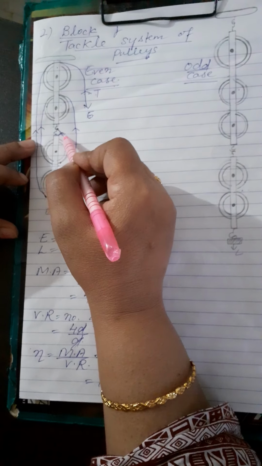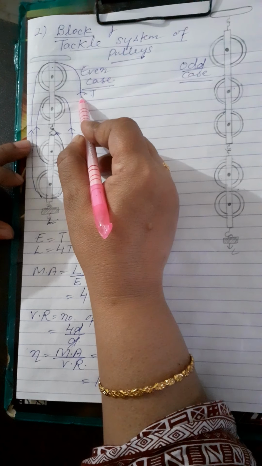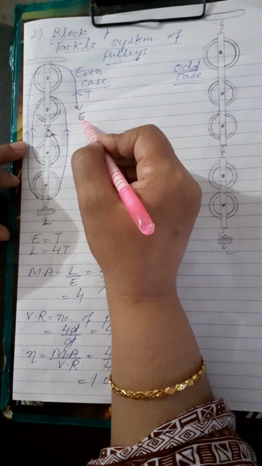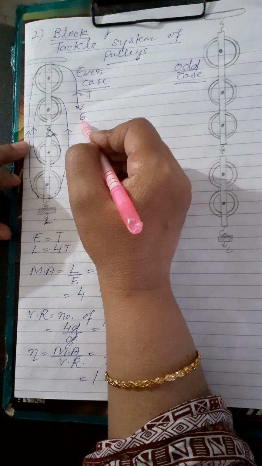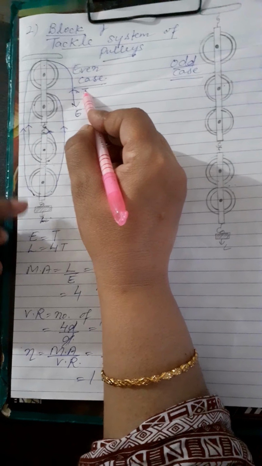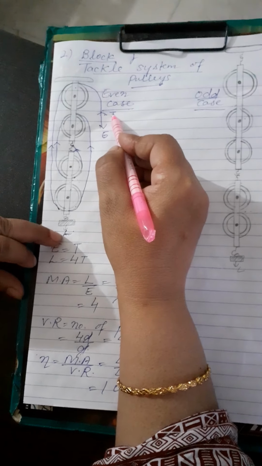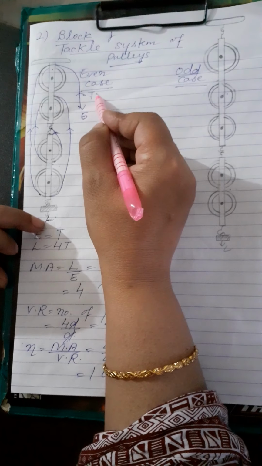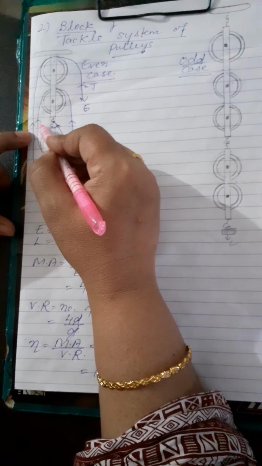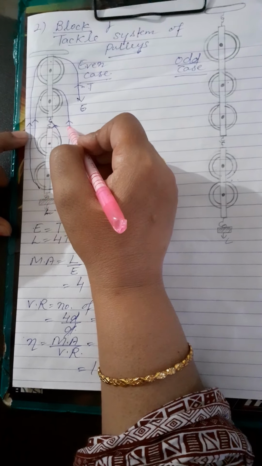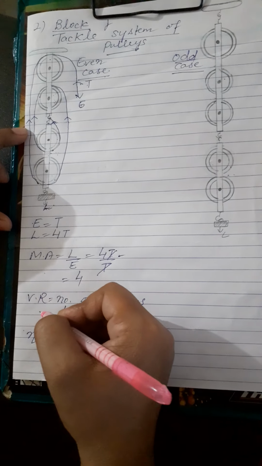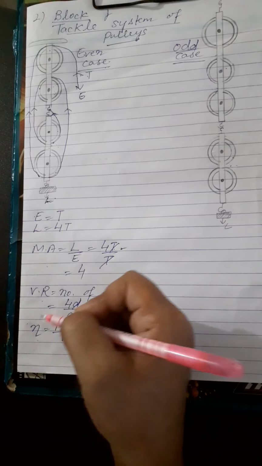Then in all the strands mark the upward arrows which represent tension. Then E will always be balanced by this T, and for balancing the load, you should not count this tension, the rest of the tensions will be counted. Then find the mechanical advantage, velocity ratio and efficiency.